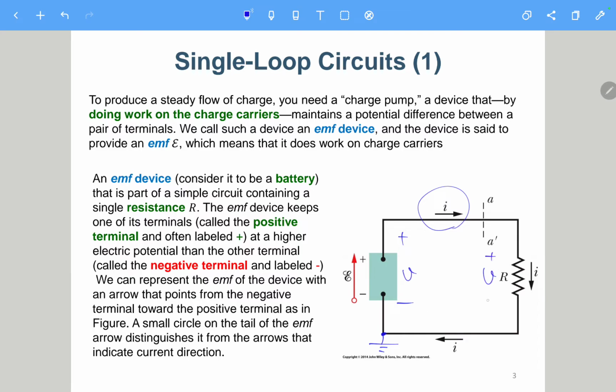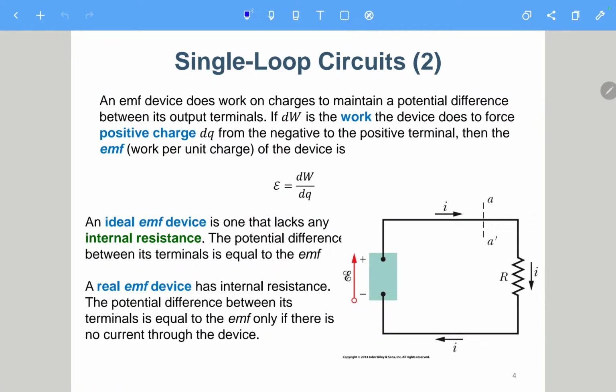This is also V, which means we should have E equals IR. So V equals VR, which means that VR equals I times R. It is as simple as this, so I don't think I need to talk too much about that.